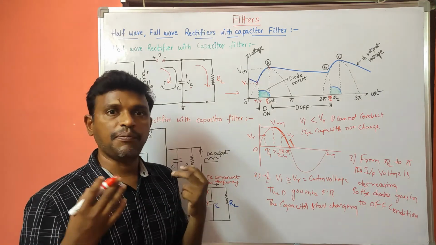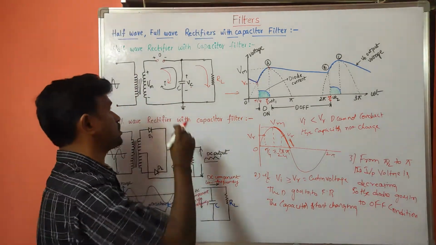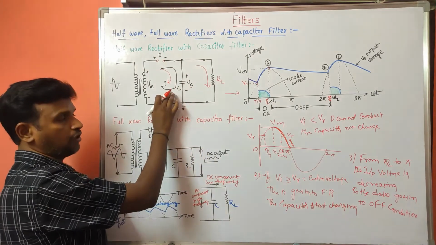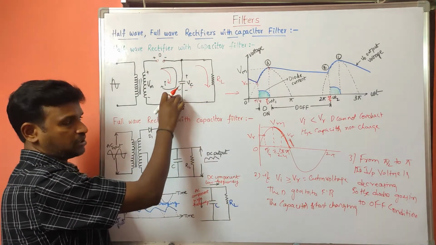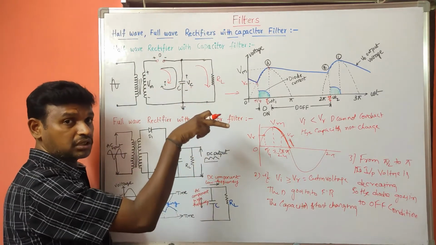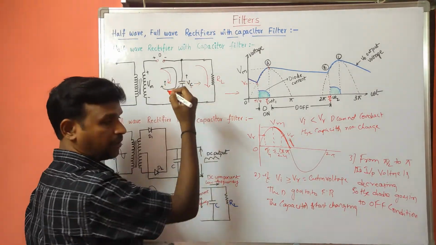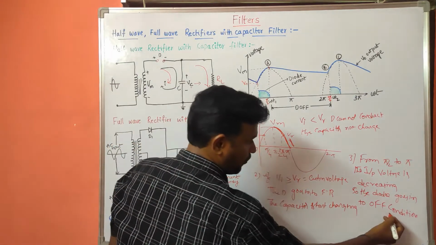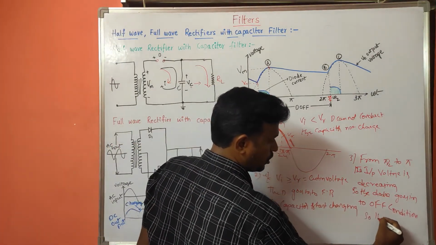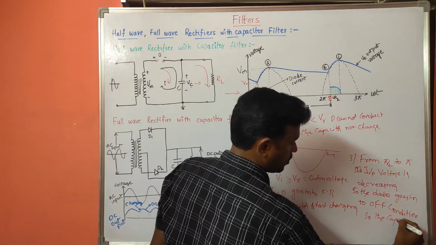That means it is open circuited and no current will flow, so the capacitor cannot charge. Instead, the capacitor will act as a voltage source with the capacitor voltage. In the off condition, the capacitor stops charging.